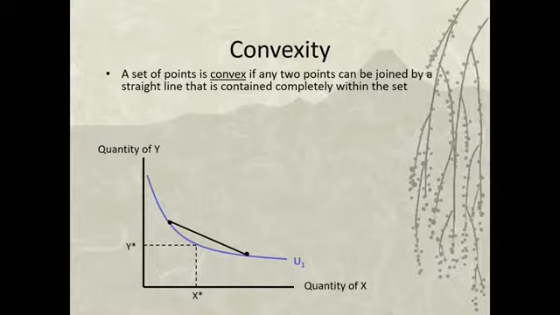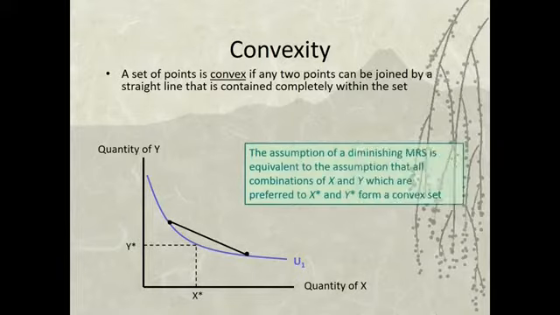That is, anything contained within the two points, then that particular curvature is called a convex curvature. The assumption of the diminishing marginal rate of substitution is equivalent to the assumption that all combinations of x and y which are preferred to x star and y star form a convex set.